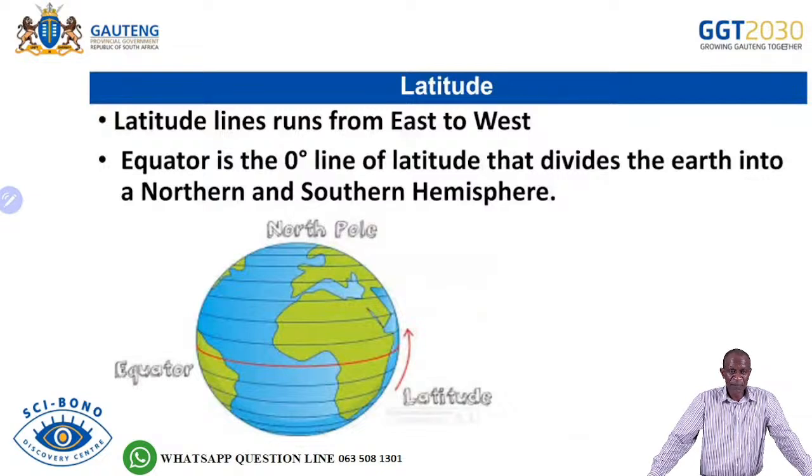Grade 12 learners, I have explained so much about the line of longitude, which we said runs from north to south, and I have elaborated much on the 0 degrees line of longitude, which is the prime meridian.